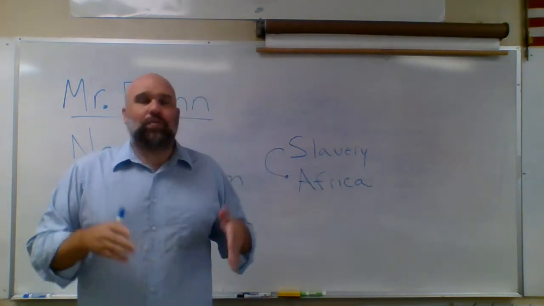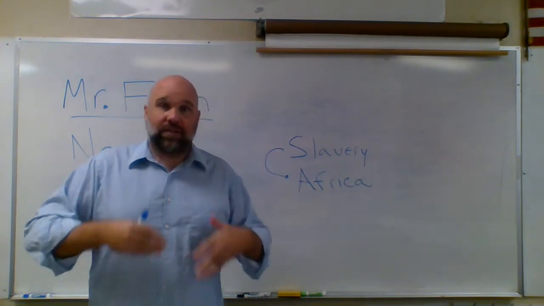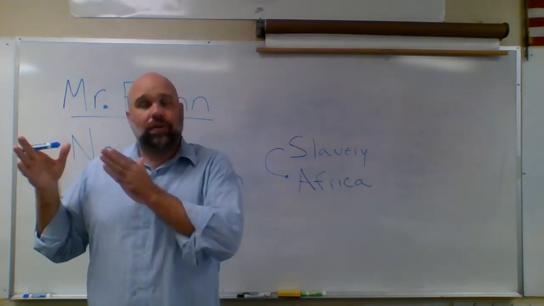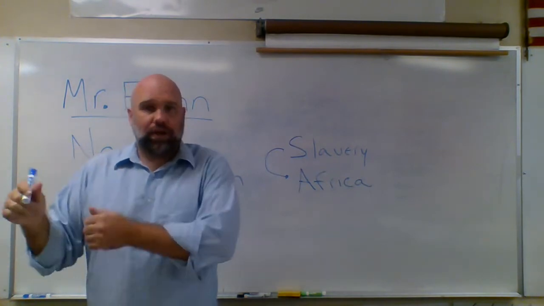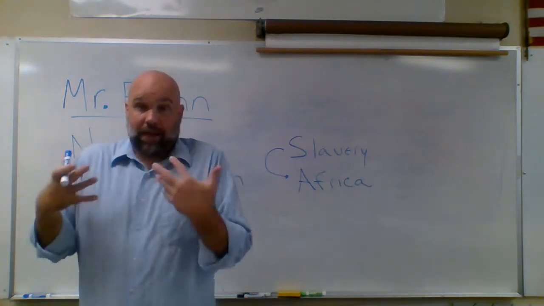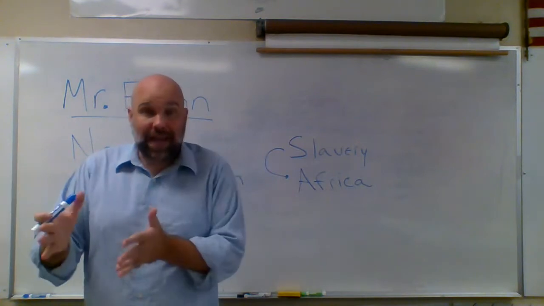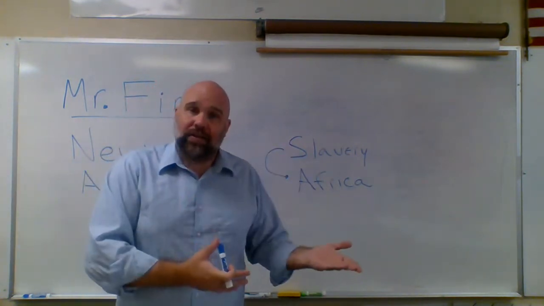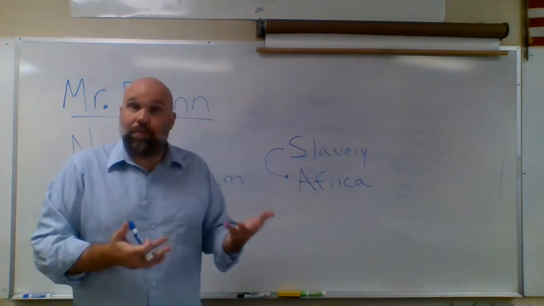So slavery has been in the American colonies since the beginning, and ships would go to Africa and they would trade goods for these people, actual human beings who they would take from Africa, ship to the American colonies, and then the colonists would then purchase these people.